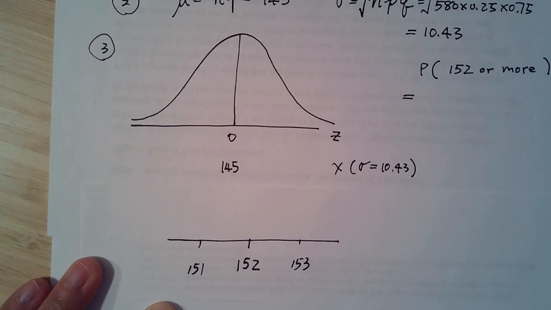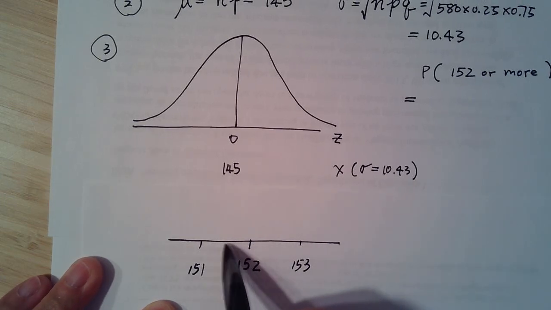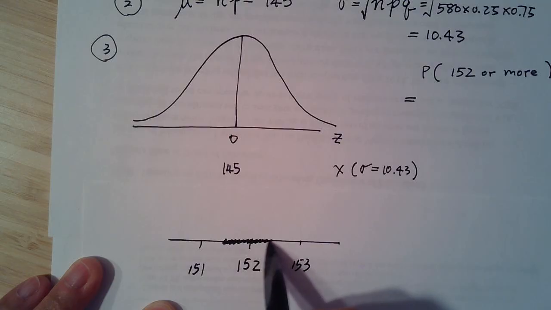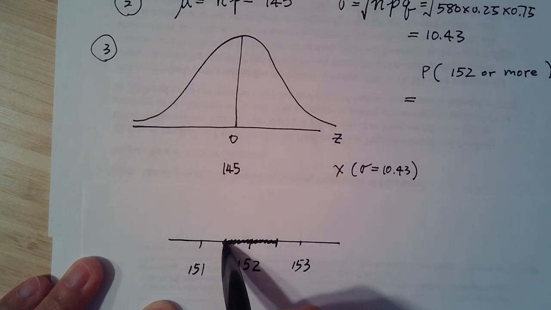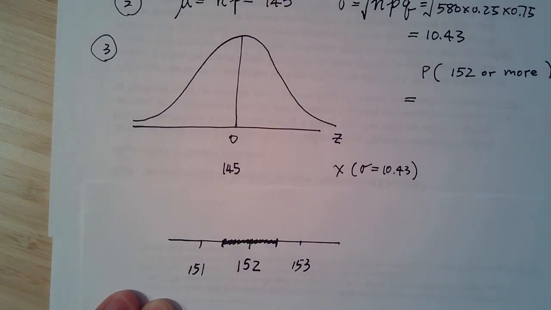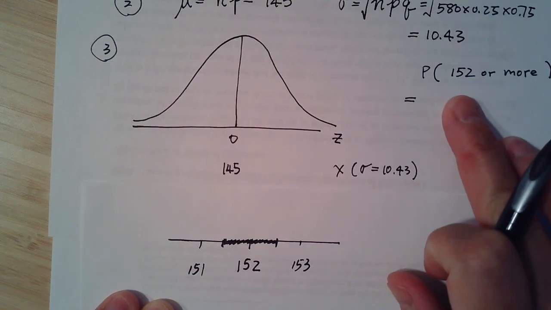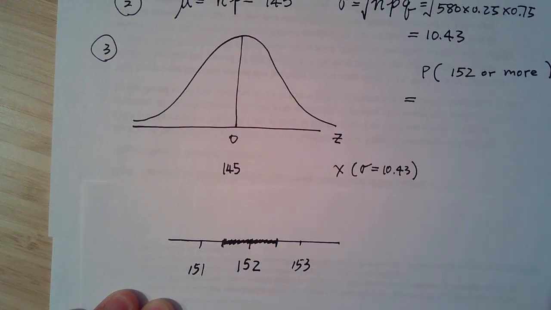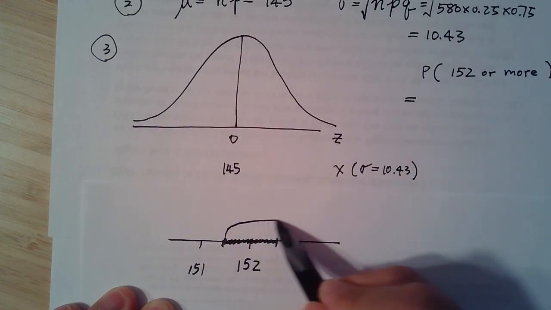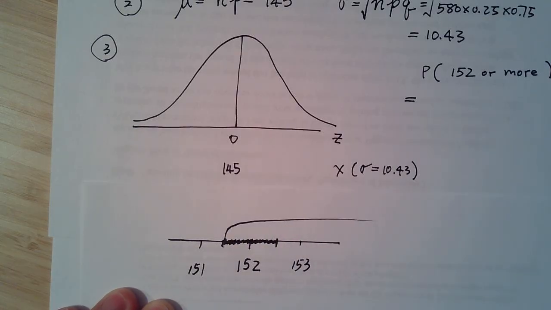Remember, we have to expand this by 0.5, so from here to here, we call that 152, isn't it? So when we talk about 152 or more, that means including 152 or more all the way to the right.